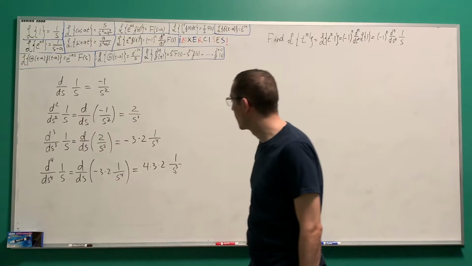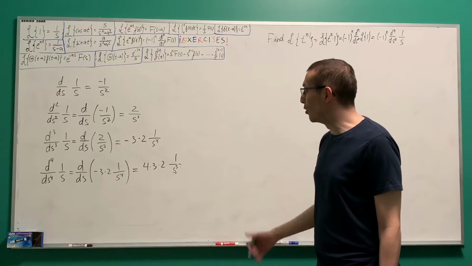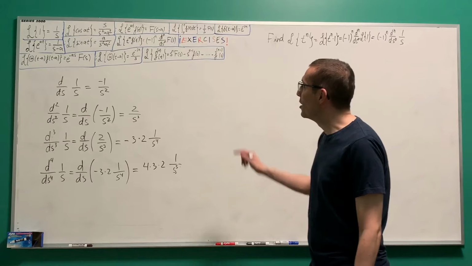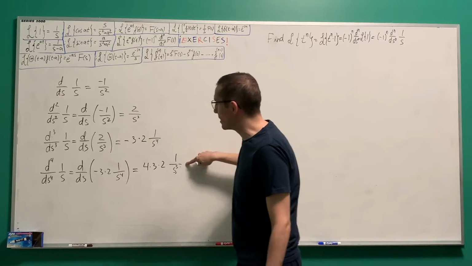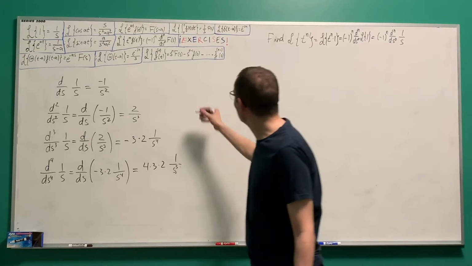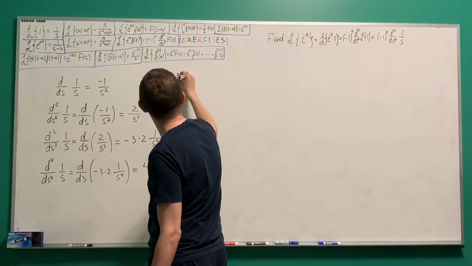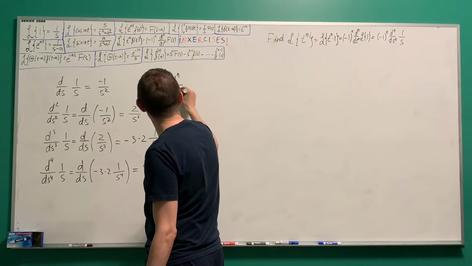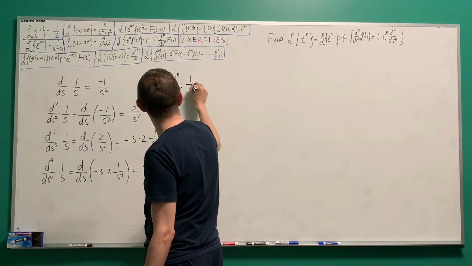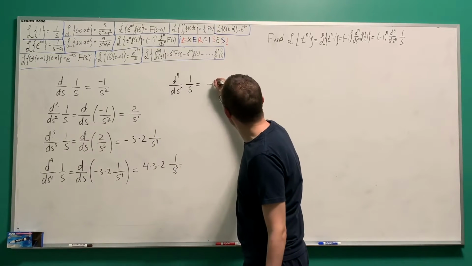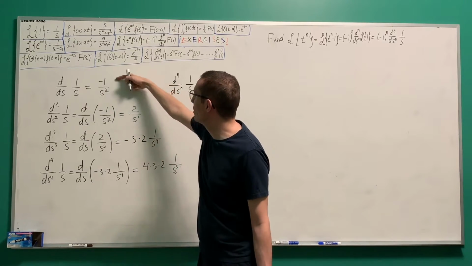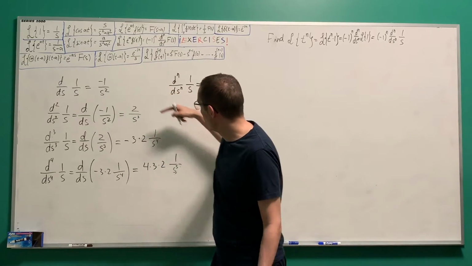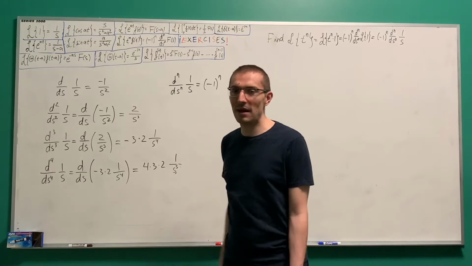All right, so look what nice pattern we have. We get minus, plus, minus, plus. So in general, the nth derivative with respect to s of 1 over s is minus 1 to the n. You see the pattern? The sign alternates. When n is odd, 1, 3, 5, they would have a minus 1.